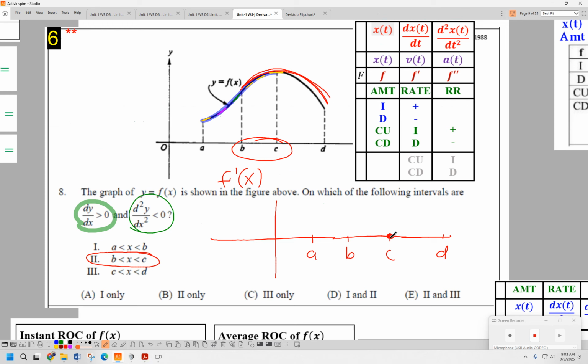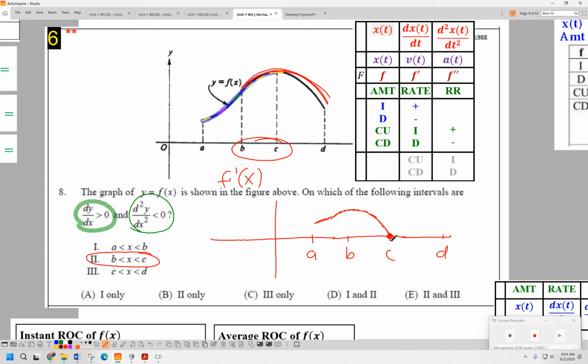Prior to that, the slope of f was positive, more positive, and less positive. So it's got to go, the slope of f is positive, it gets more positive, and then the slope of f has to become less positive until it gets down to 0.